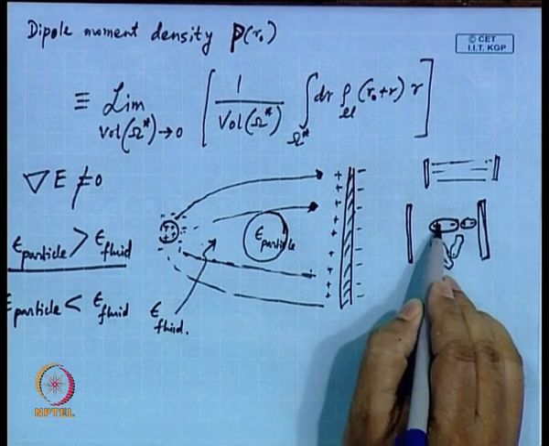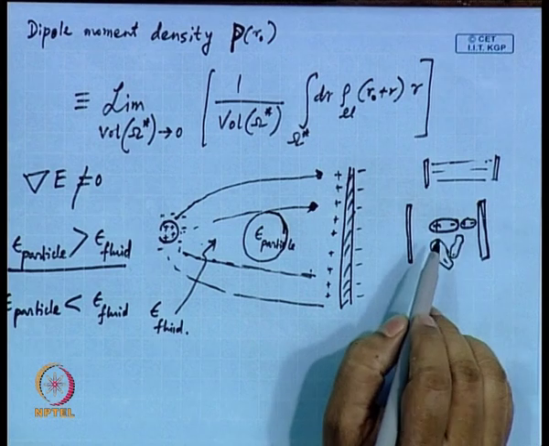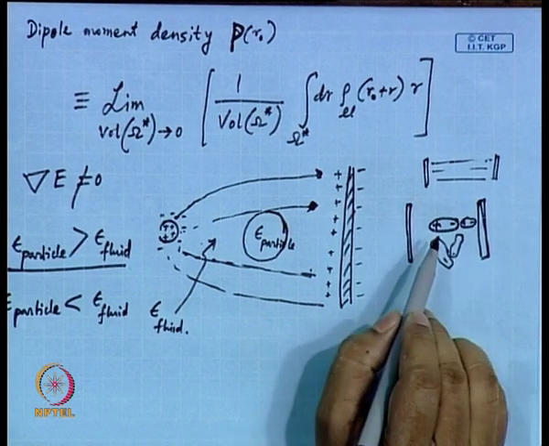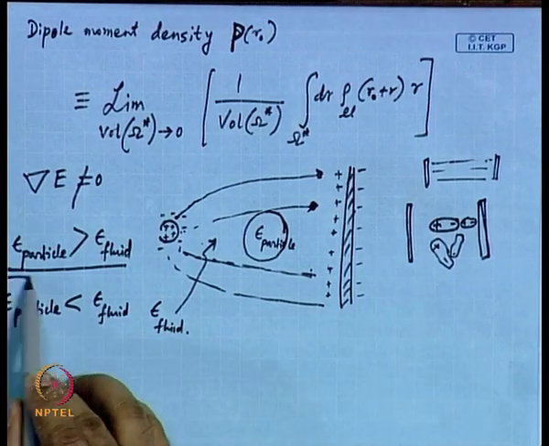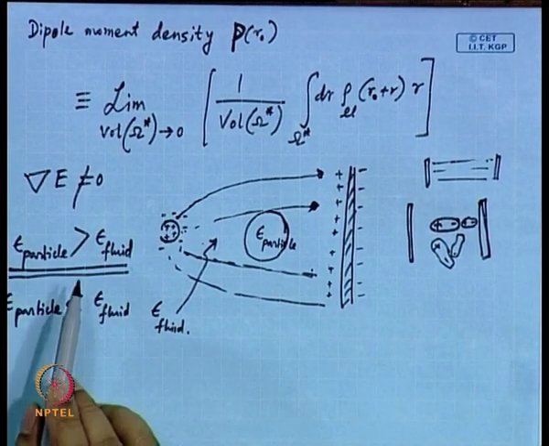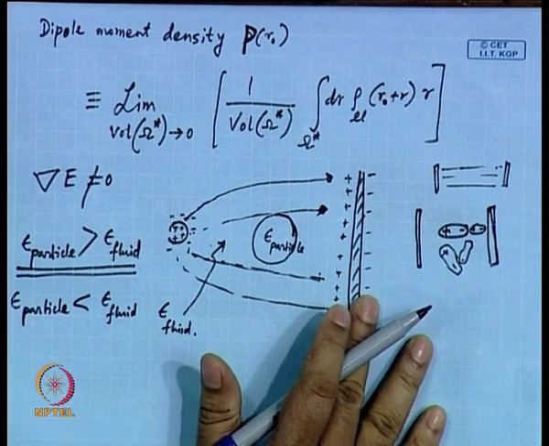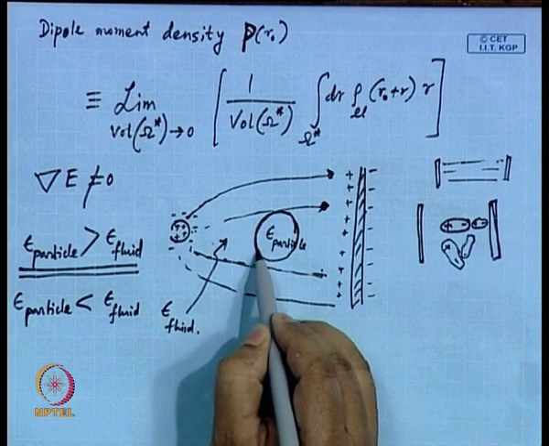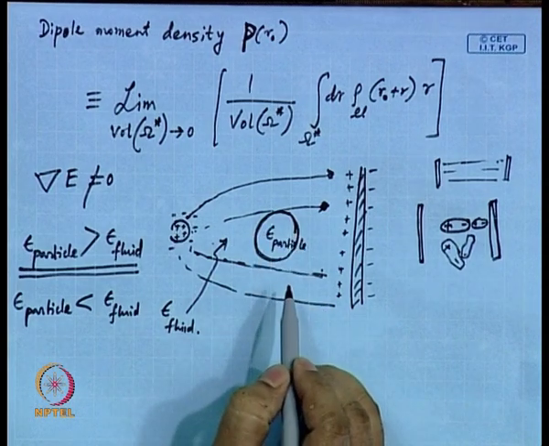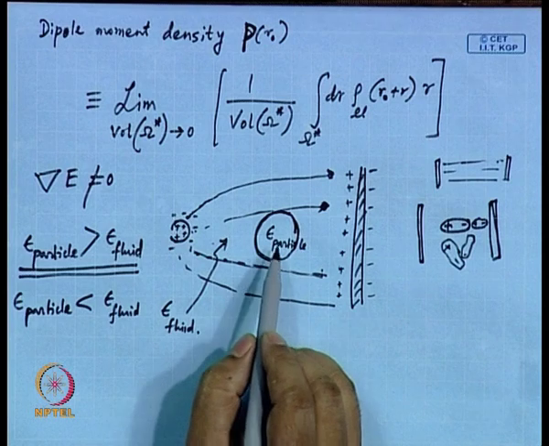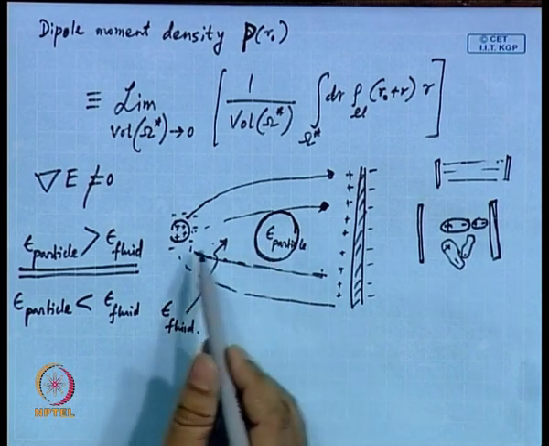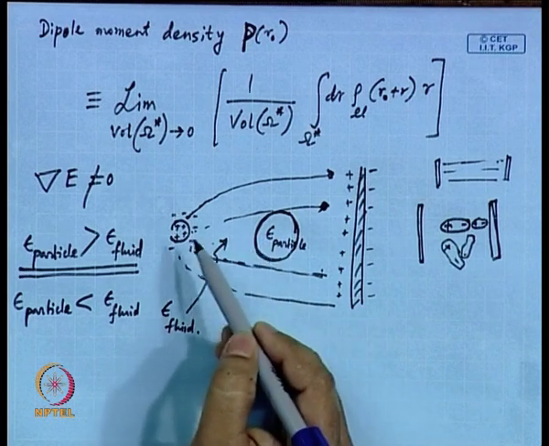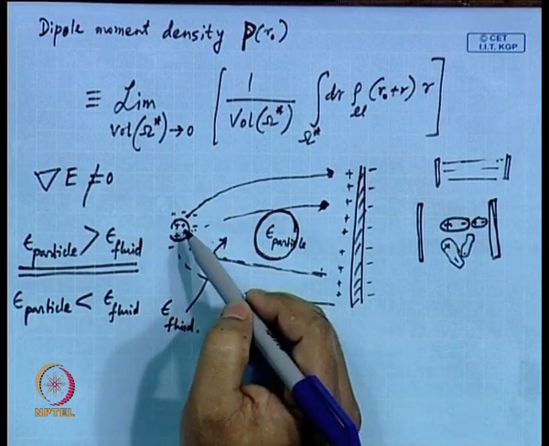Now, these charges I am referring to are the surface charges available on the particle. The net charge is 0. Okay. Now, if epsilon particle is more than epsilon fluid, under this condition, you will find that more charges are available on the surface of this particle, and in that case this particle will be drawn towards the region of strong electric field.